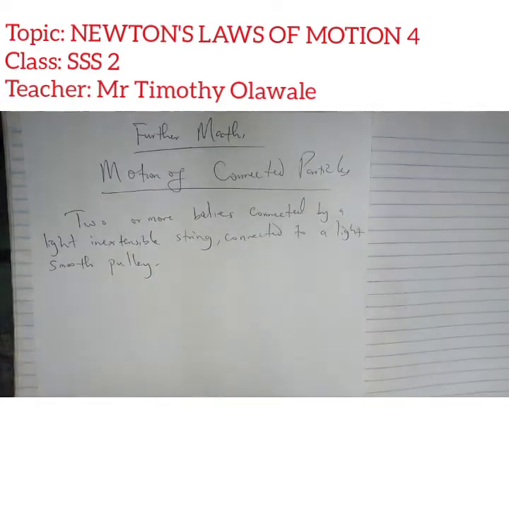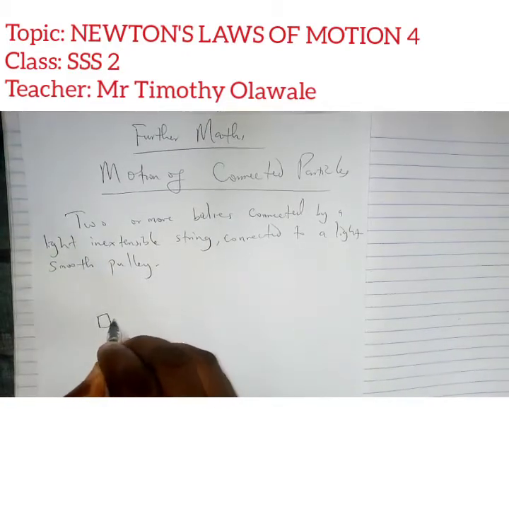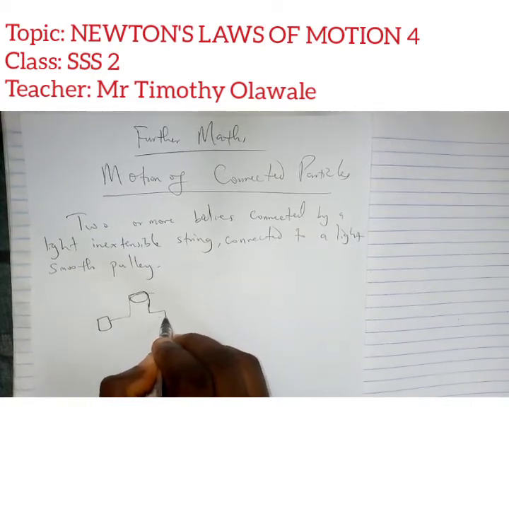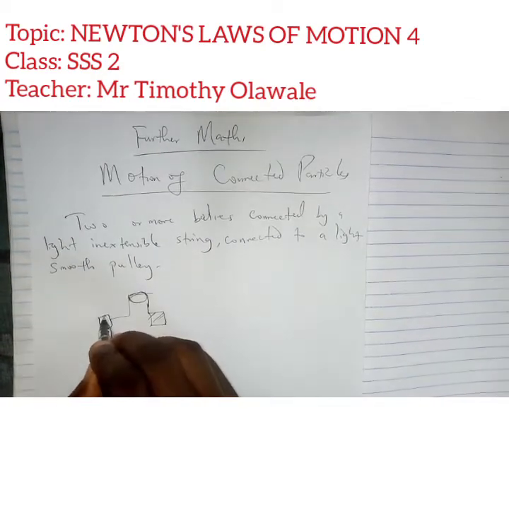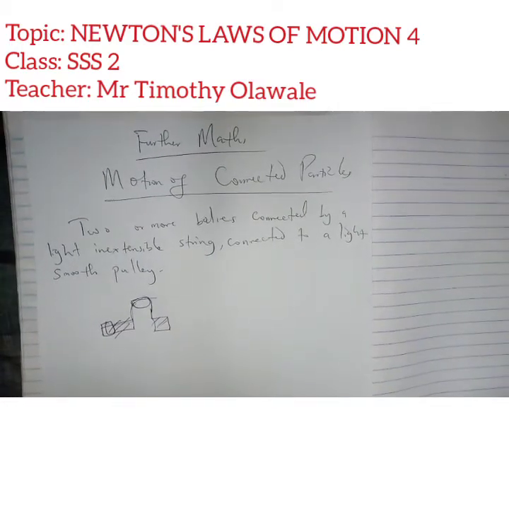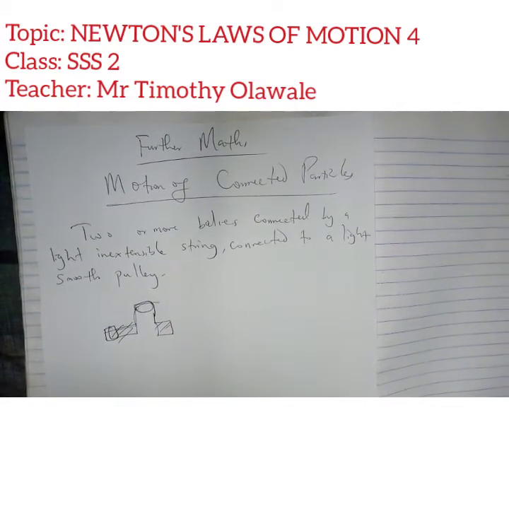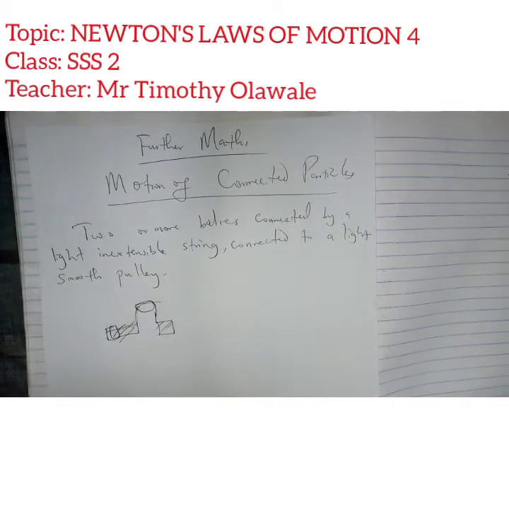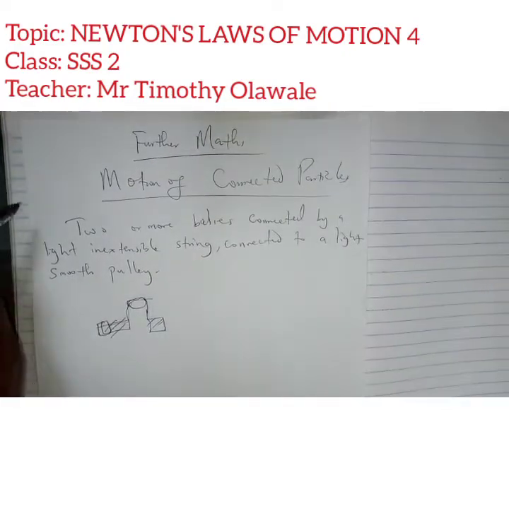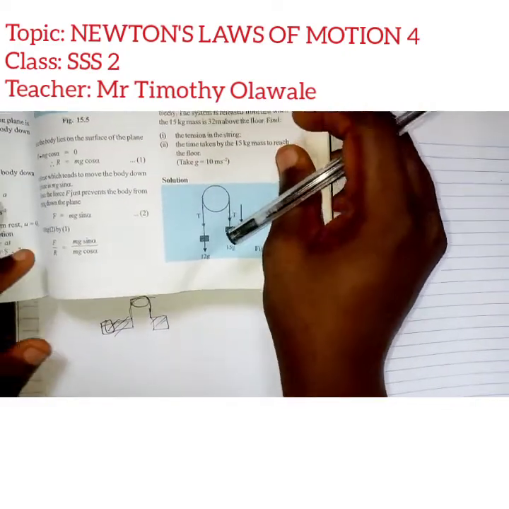If we have two or more bodies connected by the same rope, maybe over a pulley, we are assuming that the same force, the tension, acts all through the parts of the string. The same force is at work. Let me show you an example that we are going to consider.